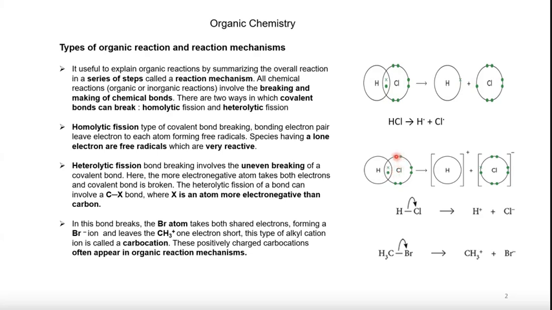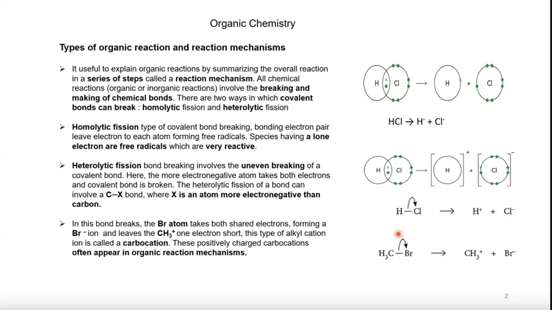That means chlorine is a highly electronegative atom compared to hydrogen, and therefore, in sharing of this bonding electron, chlorine pulls the bonding electron towards itself, and that's why we say that chlorine is highly electronegative, and therefore it's a polarized bond. And when we break it, we can have a chloride ion and a hydrogen ion. The breaking is like this, that we get a hydrogen ion and a chloride ion.